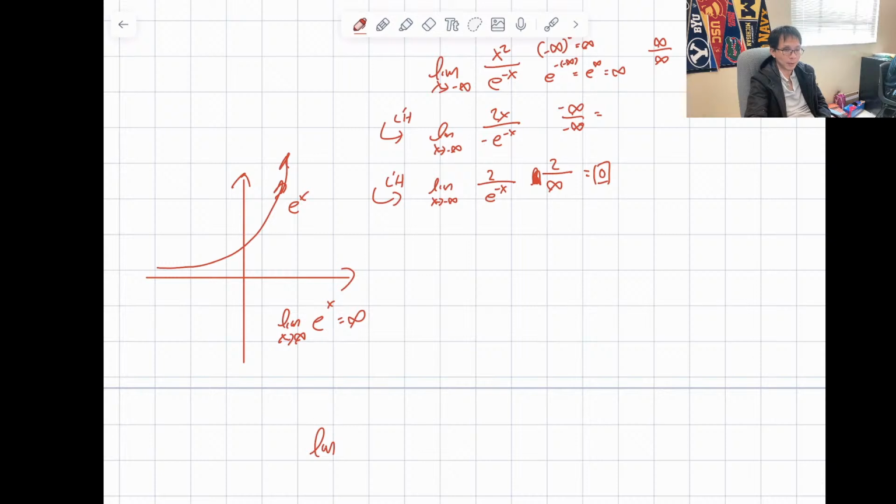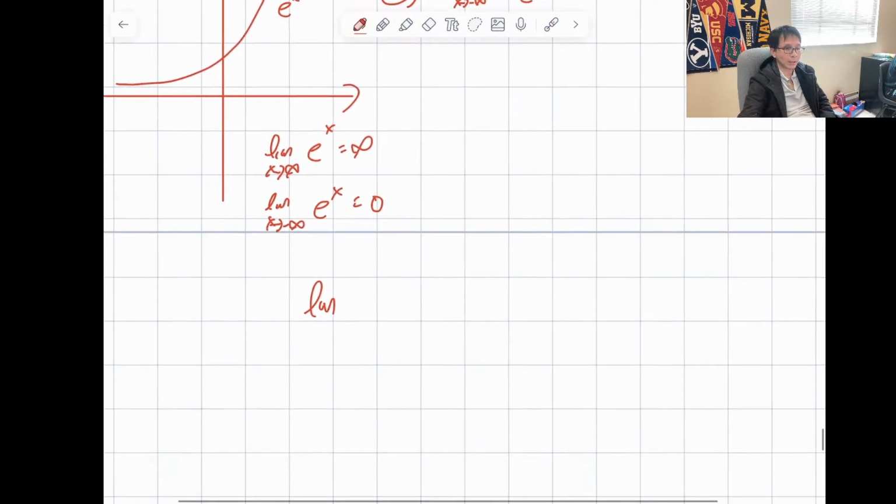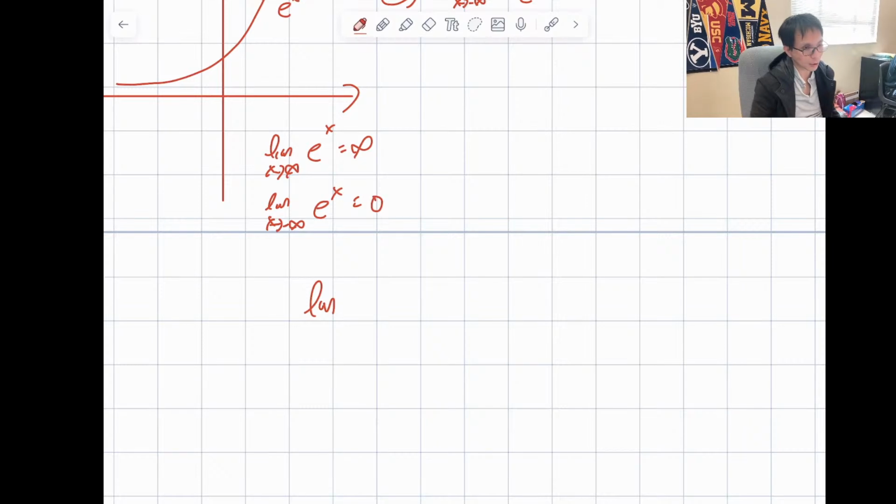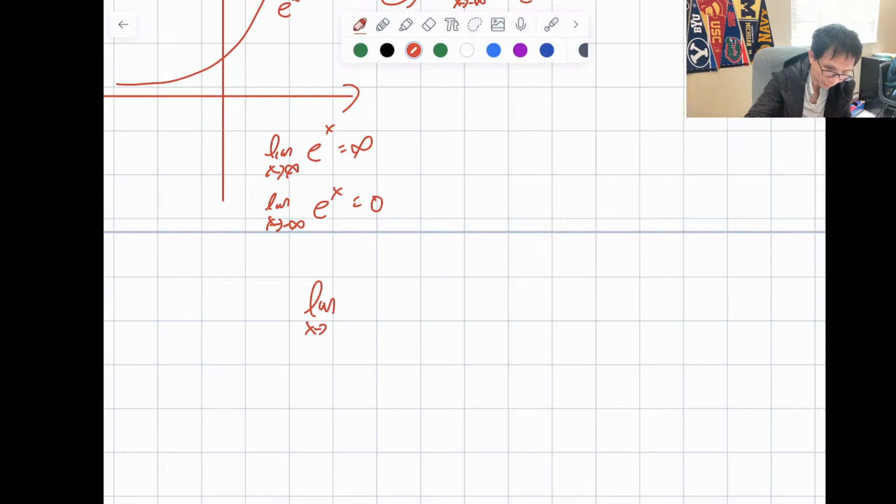What happens when x approaches negative infinity of e to the x? It's an infinite exponential decay, which is 0, because the graph has an asymptote, going toward 0. That's why some people don't understand, because they don't understand the graph. At the beginning of the year, I talked about how that graph is really important.